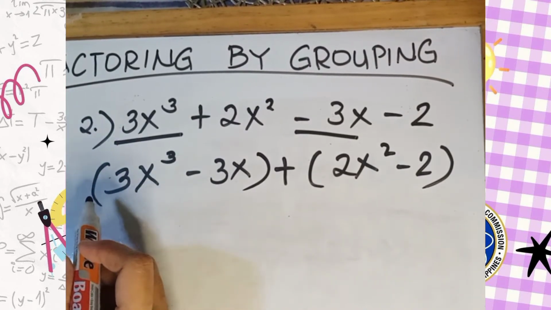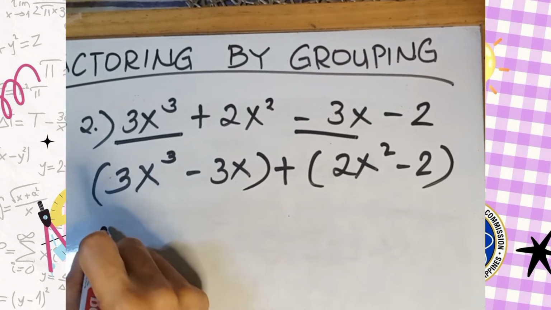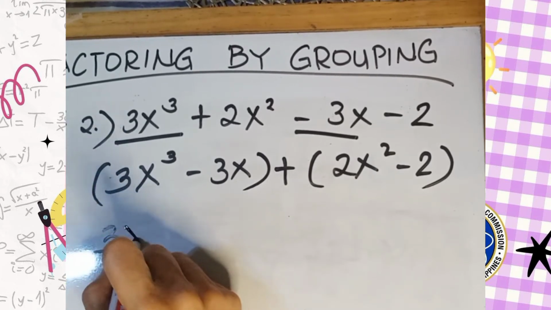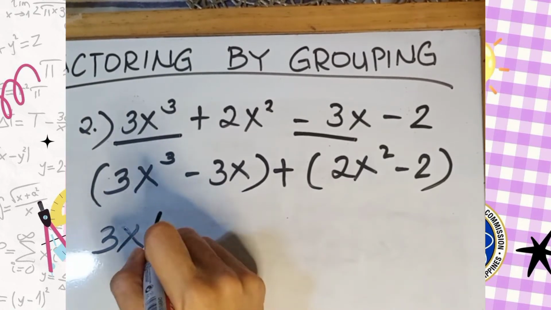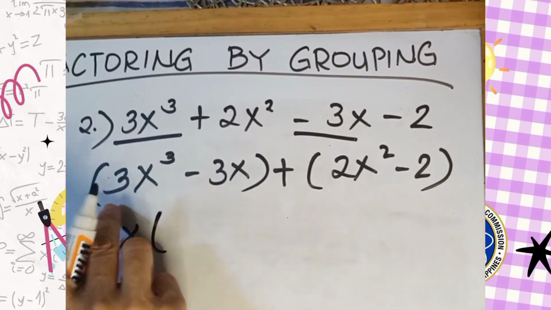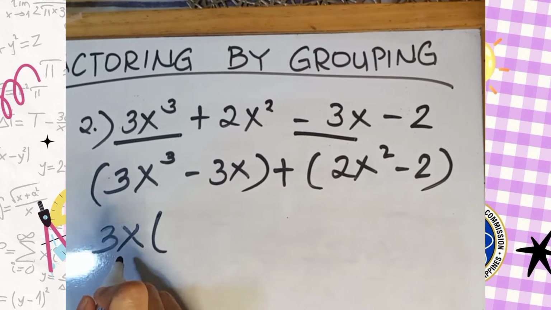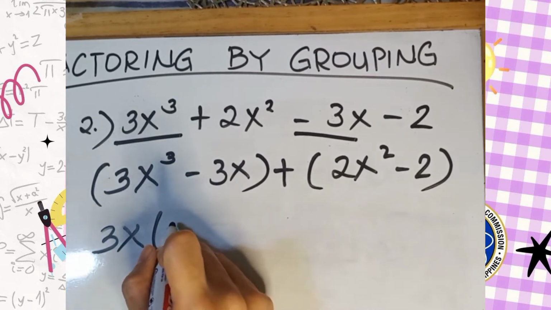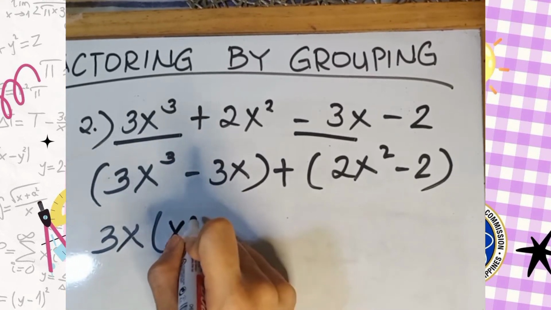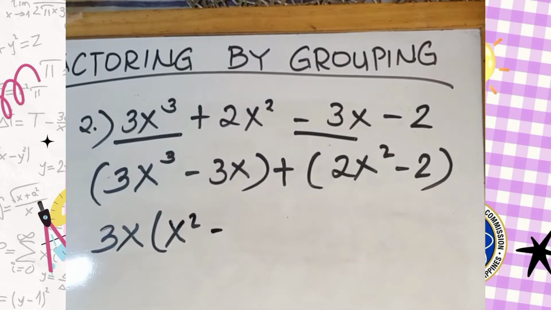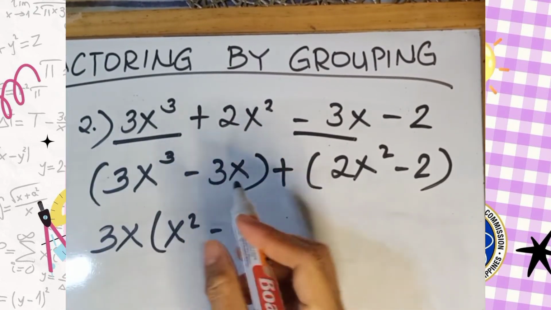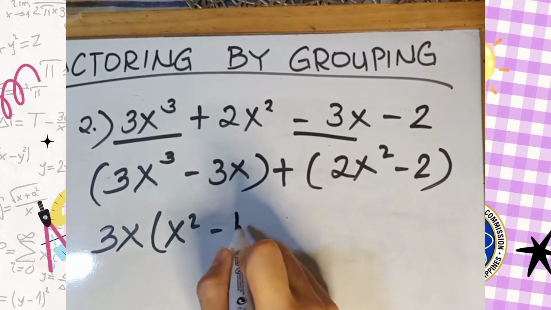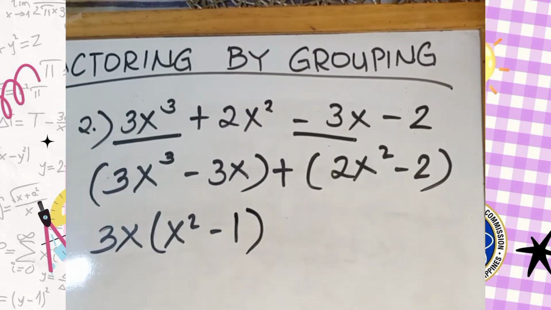Okay, so let's now get the factor of our first group. So, sabi natin, dito sa first group, nakita na agad natin na ang kanilang common factor is si 3x. So, ilalabas na natin si 3x. 3x cubed divided by 3x, ang matitira na lang is x squared. And then, negative 3x divided by 3x, so that will be negative 1.